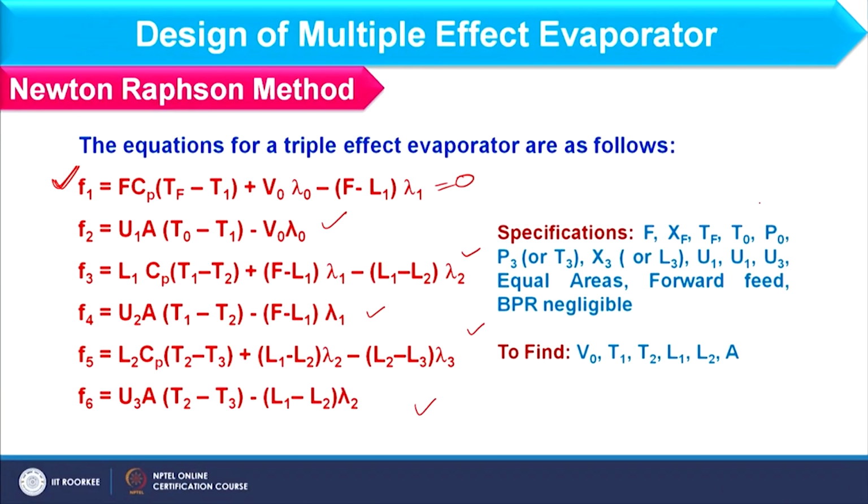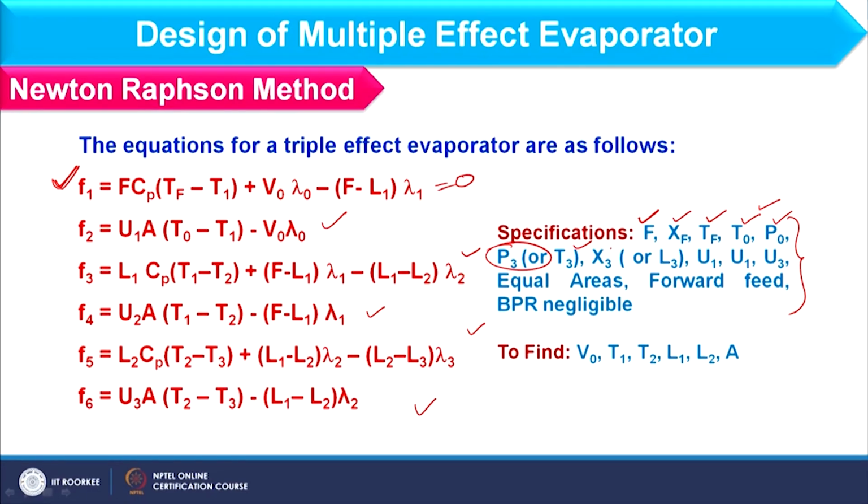So, as far as specifications are concerned, all these parameters are known to me, right? Feed flow rate, feed concentration, feed temperature, steam temperature and steam pressure, last effect temperature or pressure, right.